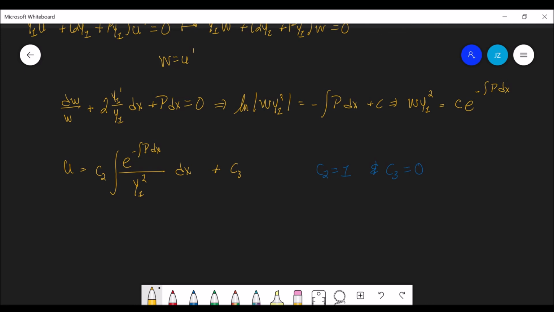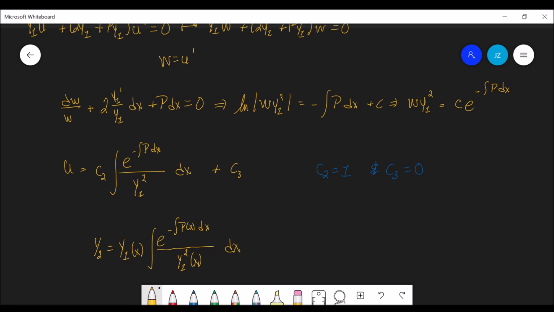Then the second solution, y2, would be y1 of x times the integral of e to the negative integral p of x dx all over y1 squared of x dx.